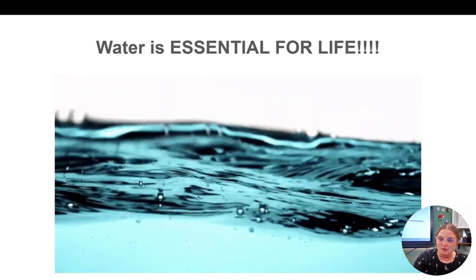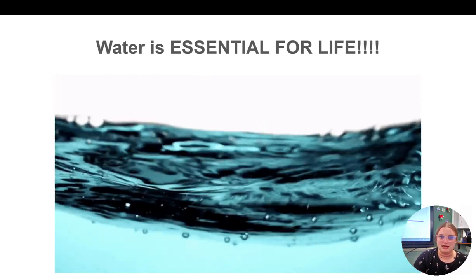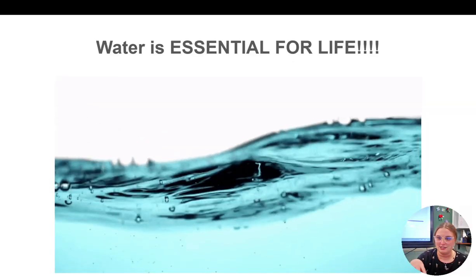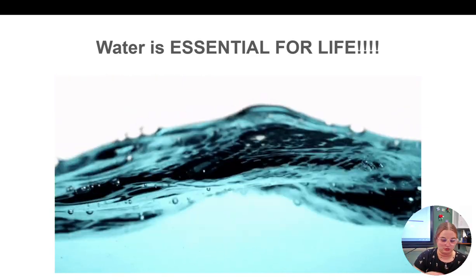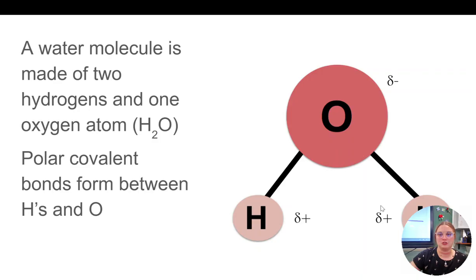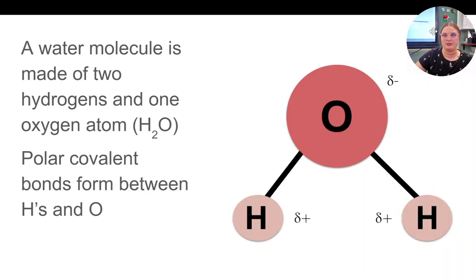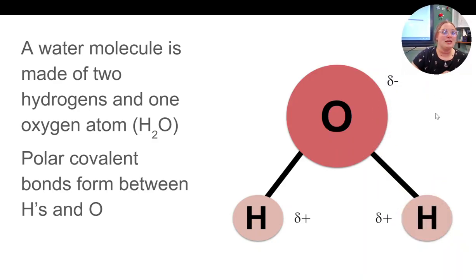Today we're going to talk about the structure of water. So what does the structure of water look like molecularly? A water molecule is H2O. It is called H2O because we have two hydrogens, which is the H2 part, and then one oxygen. We can see here that the hydrogens are positive and the oxygen is negative.